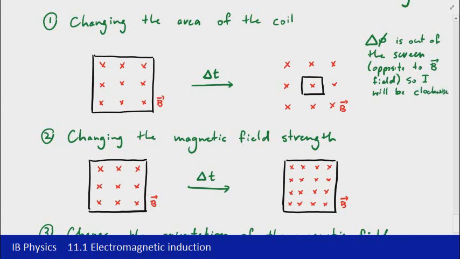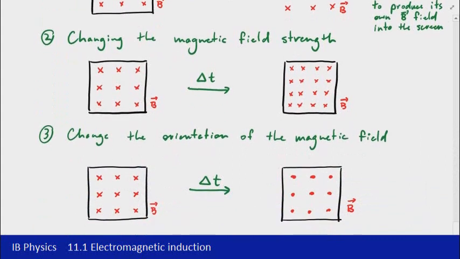And the reason for that is so it produces its own magnetic field that will be directed into the screen, to oppose the change in flux. So there's the first one.